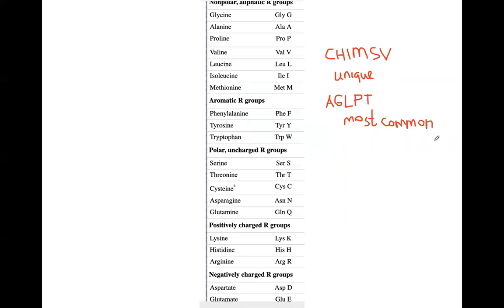For another 4, we're going to use something very interesting. We're going to use a letter which is phonetically suggestive. So what does that mean?